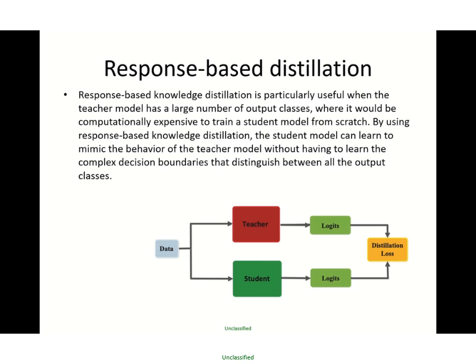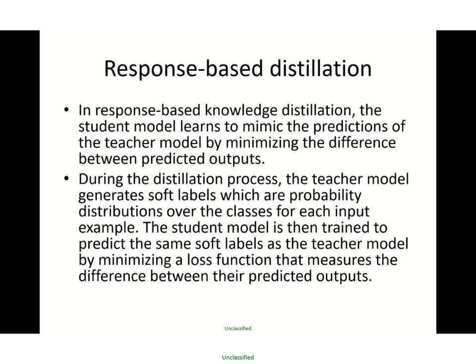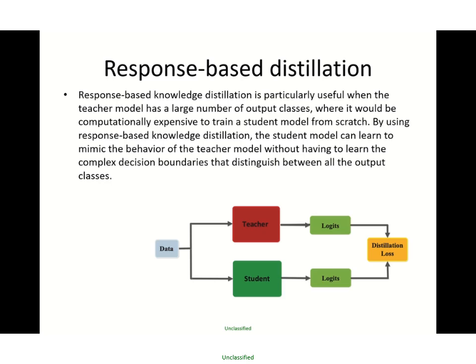But remember, our end goal is that we introduce a loss function, and this loss function, from the previous slide, helps us measure the difference between the predicted outputs of both models.